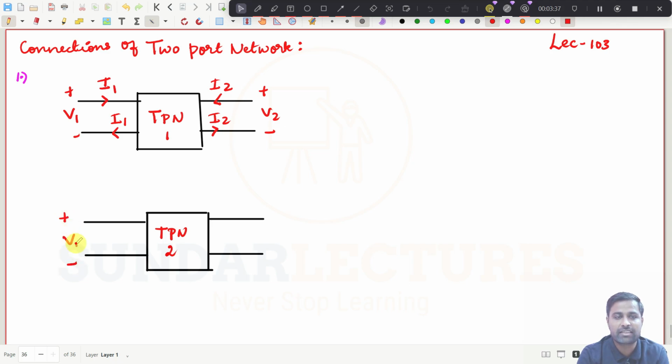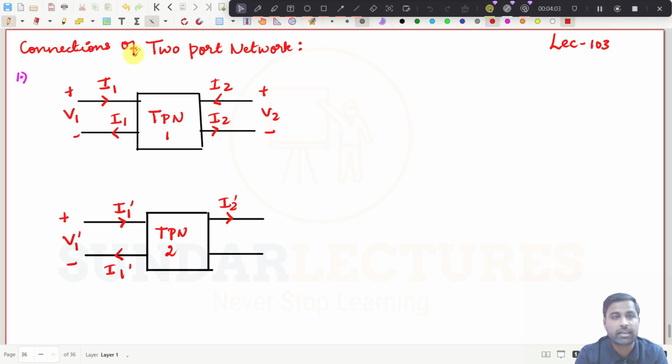To differentiate these two networks, I will take this as V1 dash, this current to be I1 dash, and this current to be I2 dash.